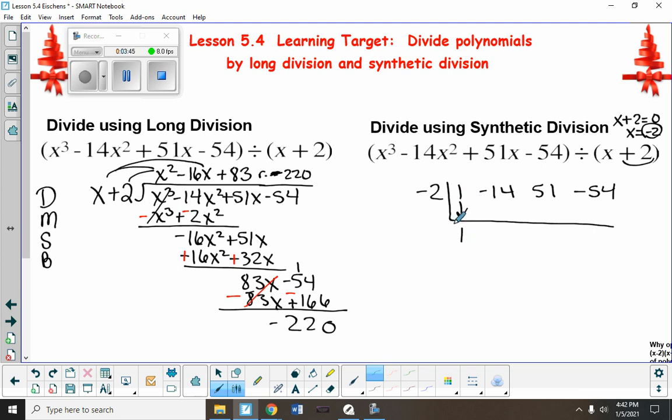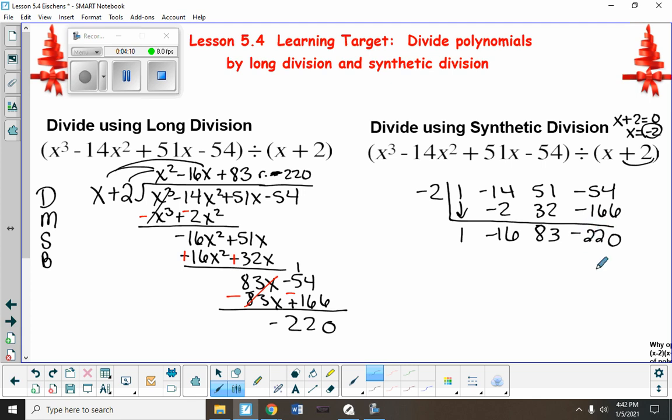And remember now it's multiply, add. So negative 2, and then add that, that's a negative 16. Multiply, that's 32, and add, that's 83. Multiply, that's negative 166, and add, you get negative 220.